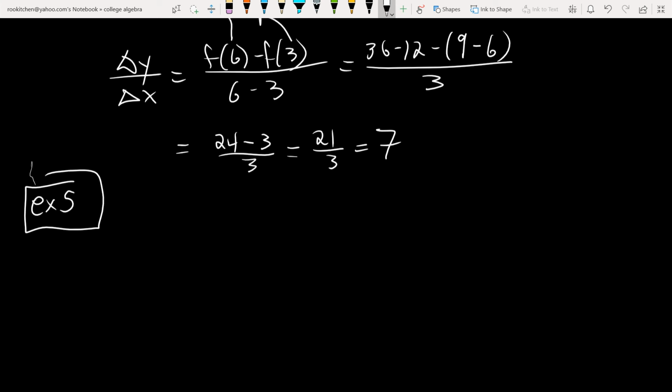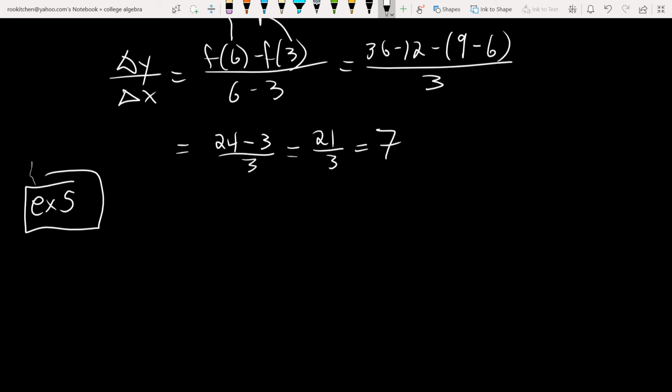I'll read it out. When a person receives a drug injected into a muscle, the concentration of the drug in the body, measured in milligrams per 100 milliliters, is a function of the time elapsed after injection, measured in hours. Find the average rate of change in the drug's concentration between 3 and 7 hours.